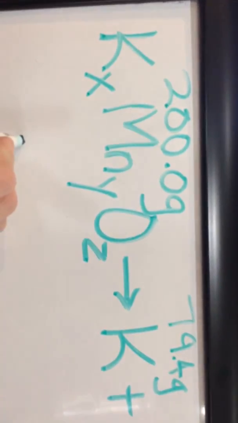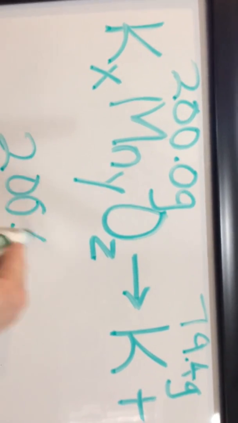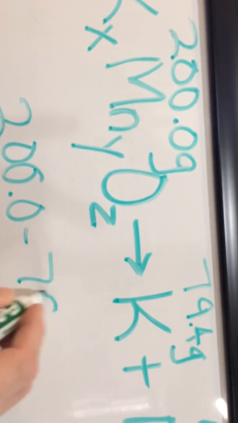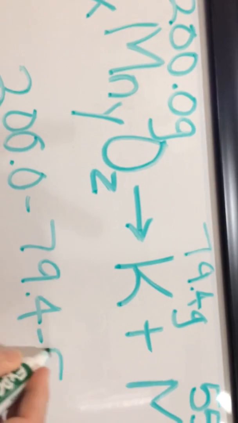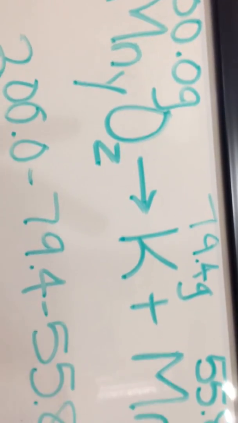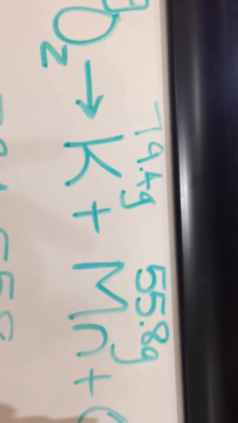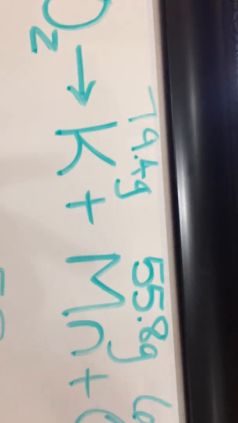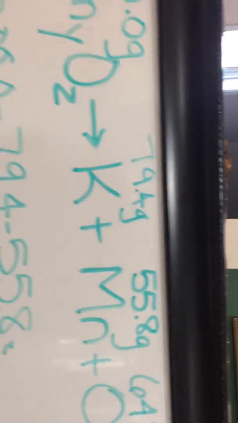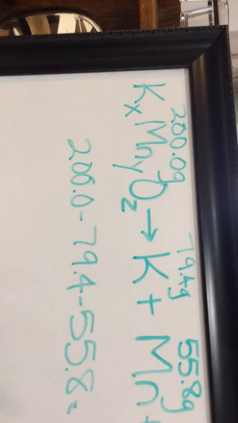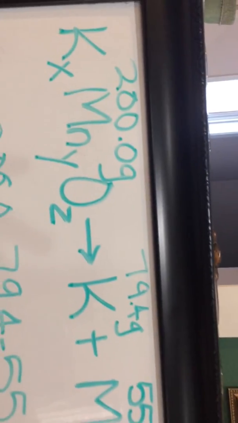I'll just write that: 200.0 minus 79.4 minus 55.8. We have 64.8 grams.